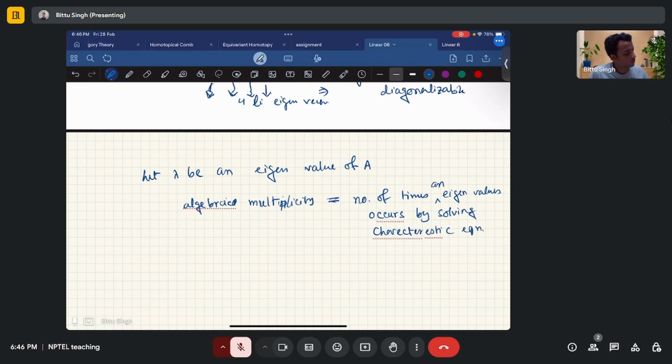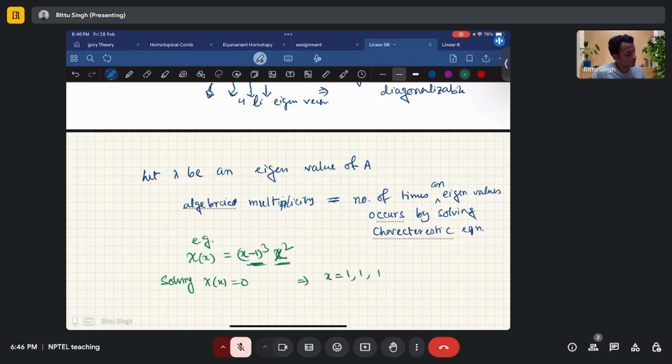For example, suppose x minus 1 whole cube times x square is the characteristic polynomial. Then if we solve chi of x equal to 0, we have x equal to 1, which occurs 3 times.